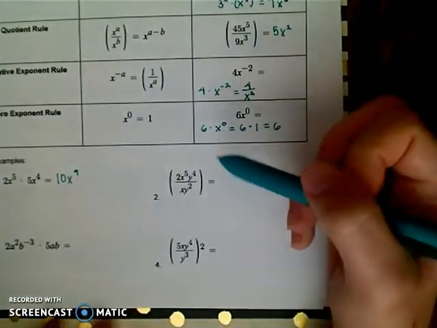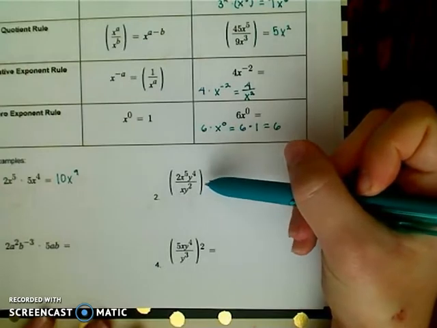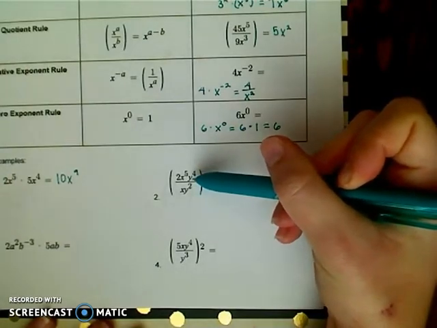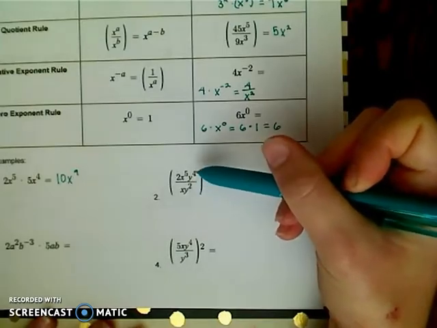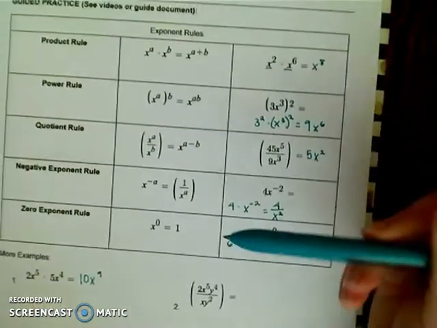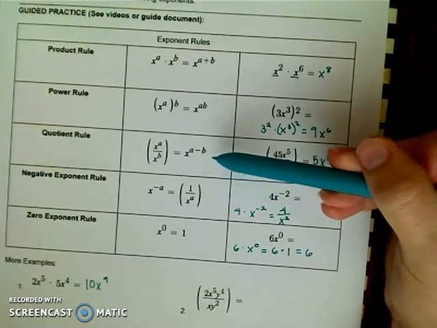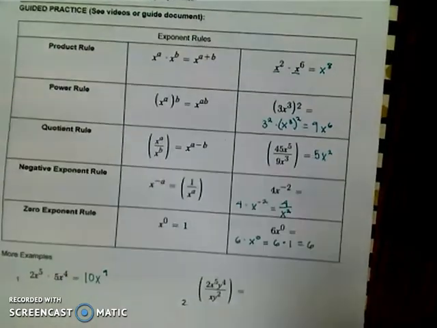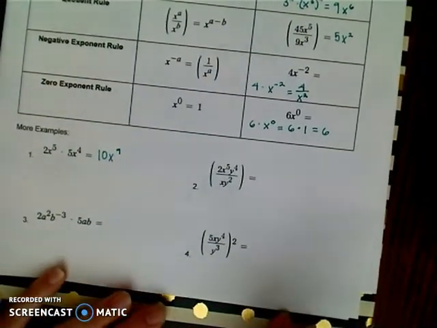All right. So at first glance, what rule do you see happening here? Well, I see a numerator and denominator, so some division, therefore I'm thinking quotient rule. And the quotient rule tells me to subtract exponents of like bases. So let's start subtraction.